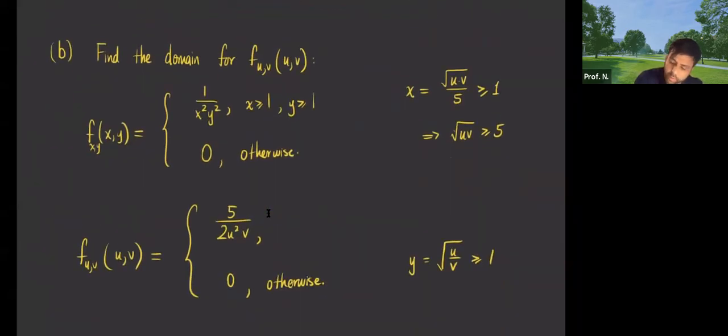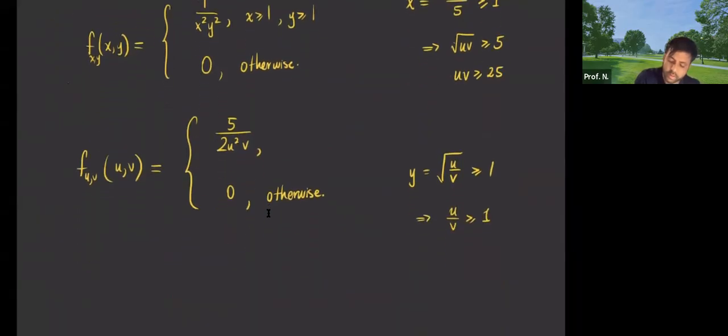And so what is uv then? uv is greater than or equal to 25. And then if you solve for this here, we get u over v is greater than or equal to 1 if we square both sides.